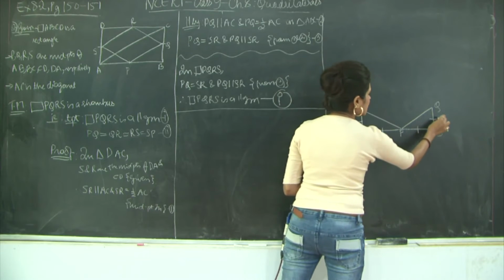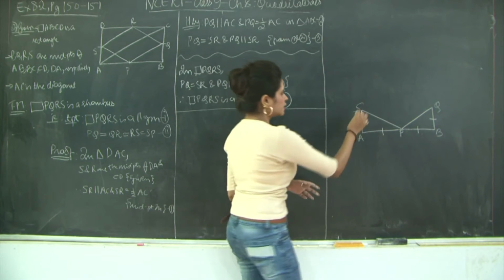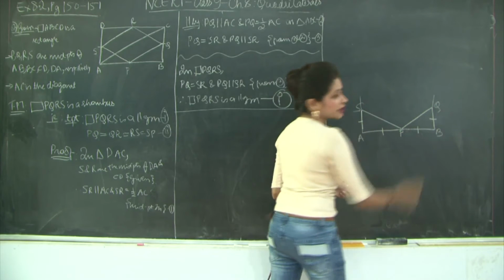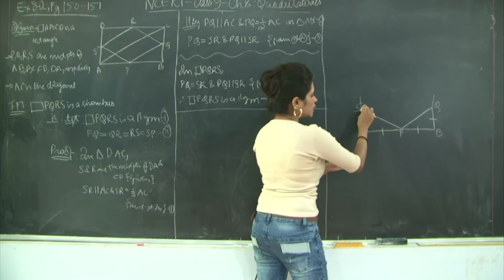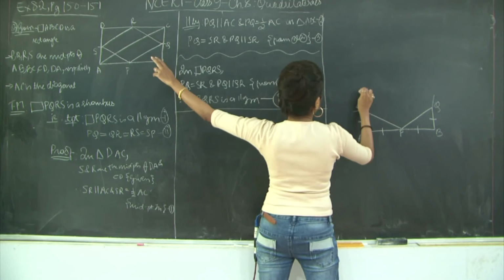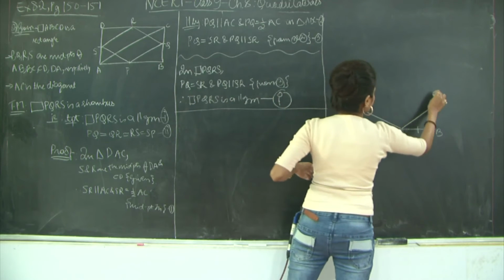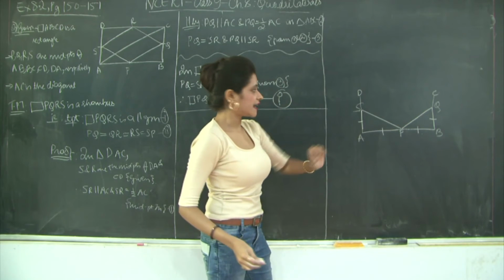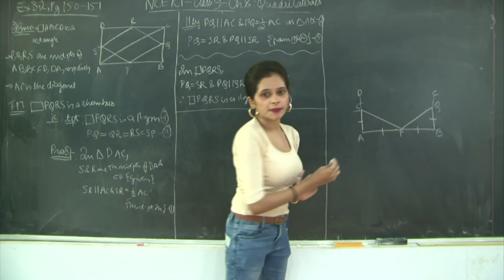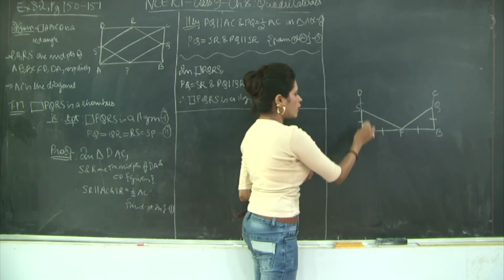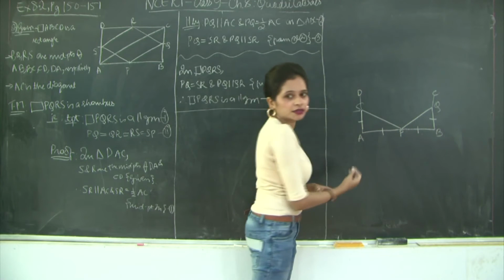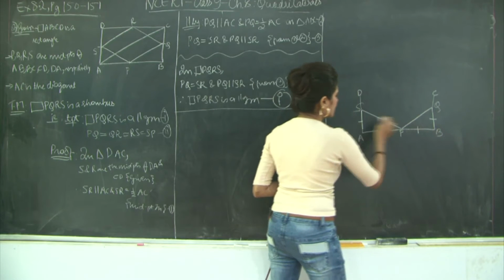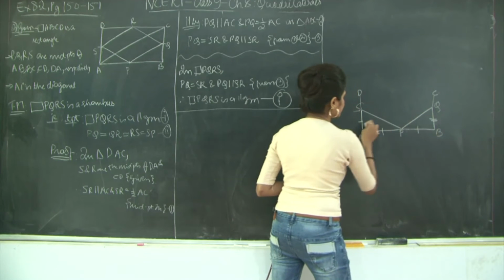Why? Because if you take your entire rectangle's width out here, S and Q are the midpoints, right? Therefore, let's take the points D and C. DA and CB are the opposite sides of your given rectangle and S and Q are their respective midpoints. Therefore, half of DA is going to be equal to half of CB. But half of DA is what? SA, and half of CB is QB. Therefore, SA is equal to QB.